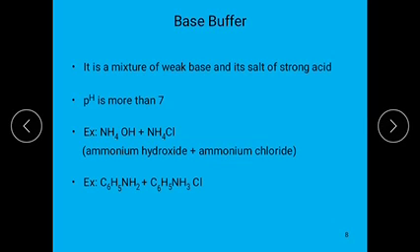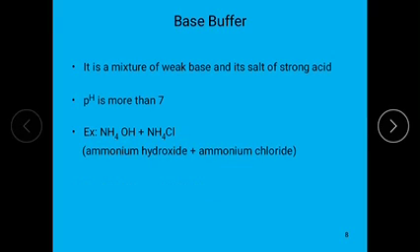Another one is an amine which reacts with HCl to form C6H5NH3Cl, that is aniline chloride.